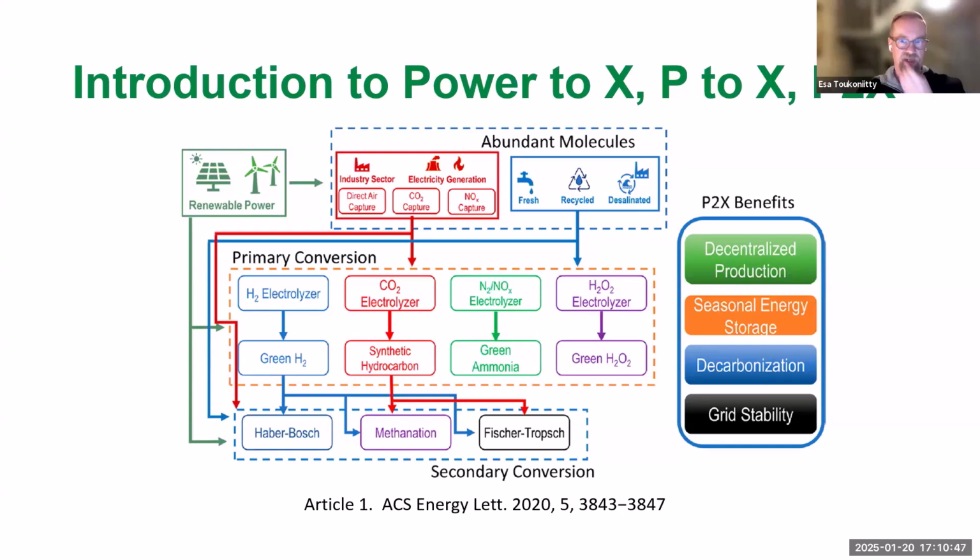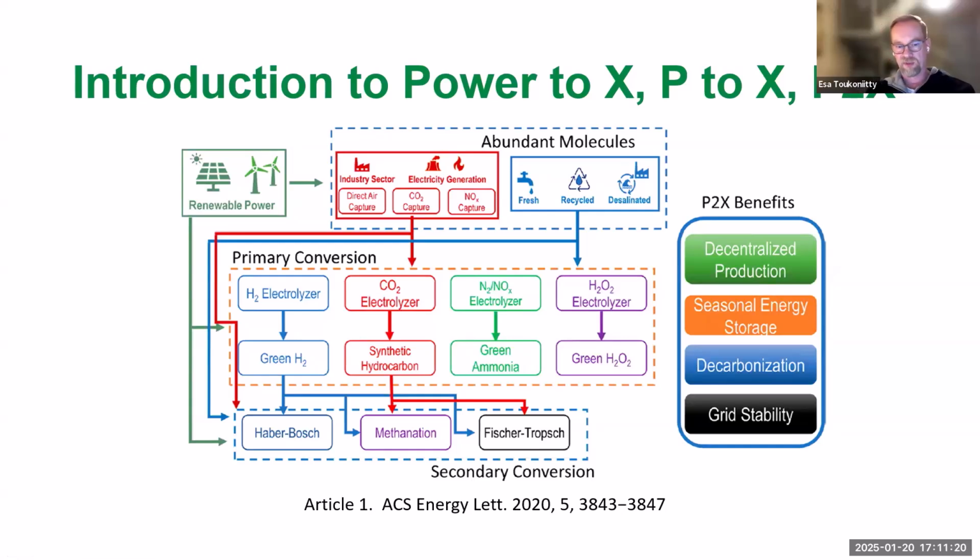First of all, this name has several variations. You will find power to X, or acronyms like P to X or P2X. These are very commonly used, but also in this course and in certain articles, the X factor is defined somehow.